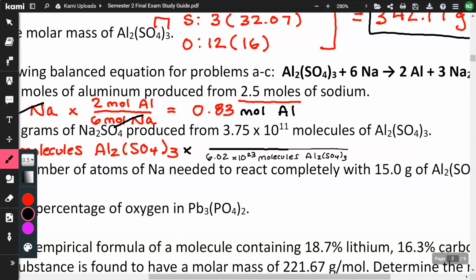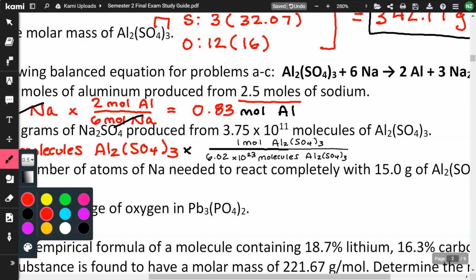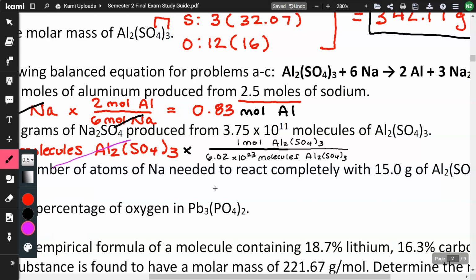That's how many molecules are in 1 mole of Al2SO4. Okay, so that's our first step. So if you're following along with units, these units will cancel.